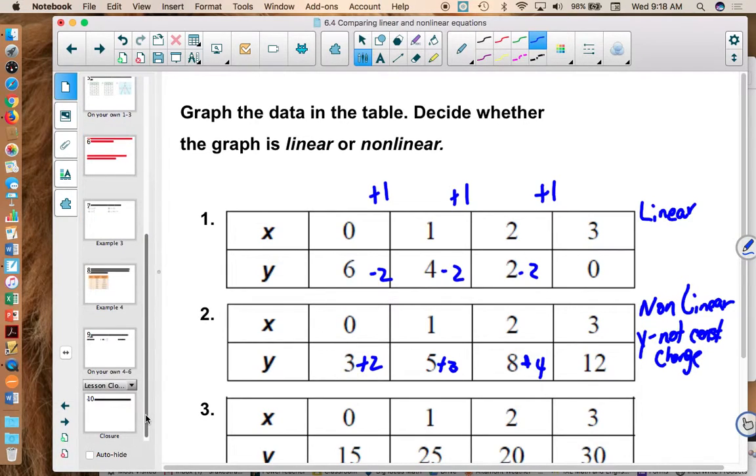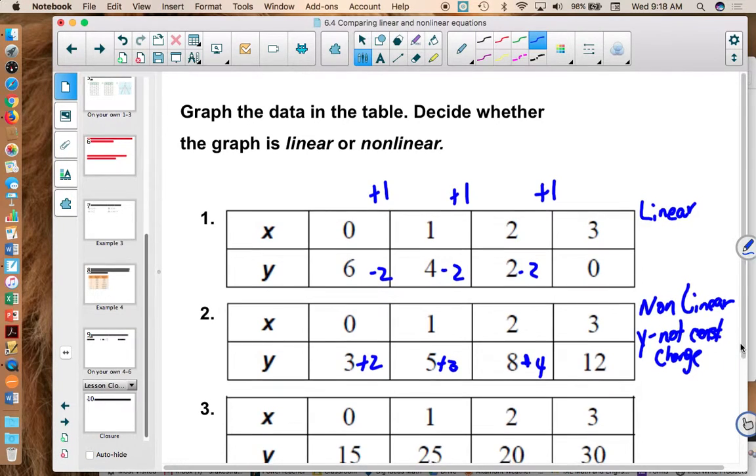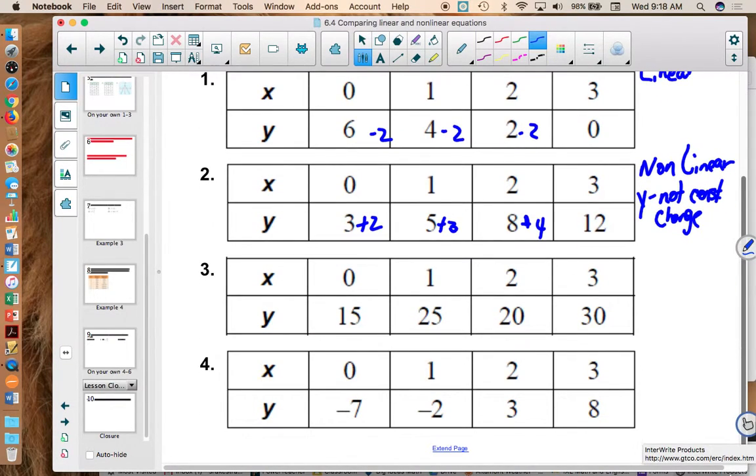What about the third one? What's the third one going to be? Linear or nonlinear? Ridley. Nonlinear. What's making it nonlinear? The y. Yeah, because we've added 5 here, subtracted 5.